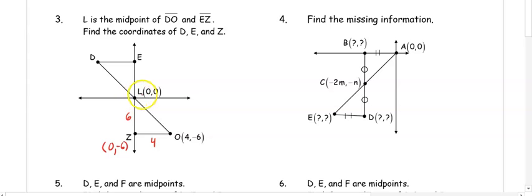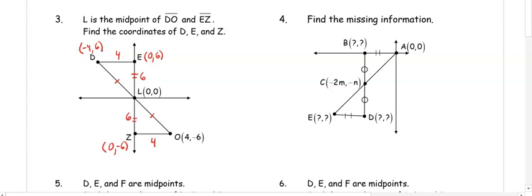We go up 6 to 0, 0. Because L is a midpoint, these segments are congruent. So if we went up 6 on the y coordinates, our E coordinate would be 0, 6. And then if we went over 4 units to the left, remember that we're moving to the negative numbers, so this would be negative 4, 6.